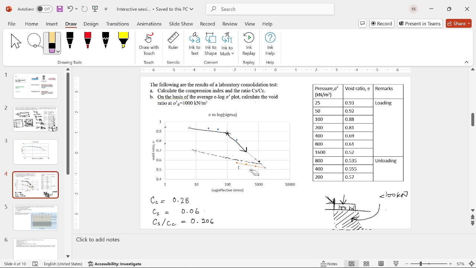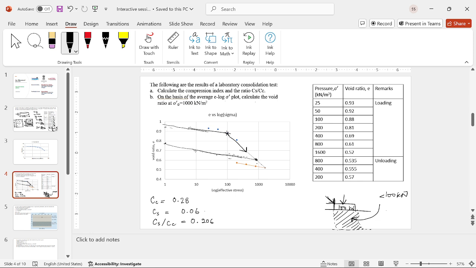The second line, it will follow like this. Okay, this is the path that it will follow.